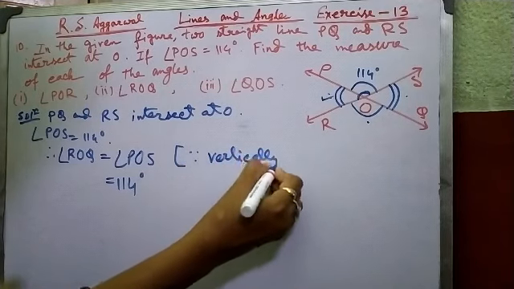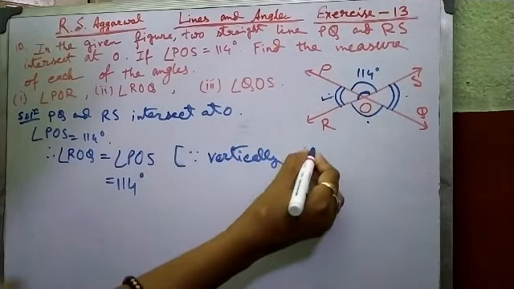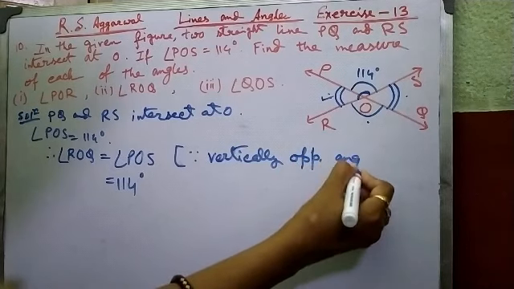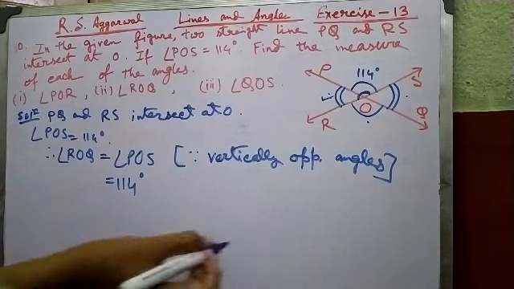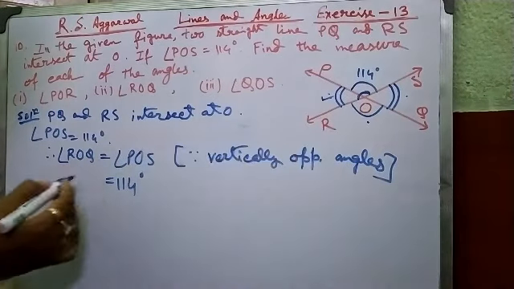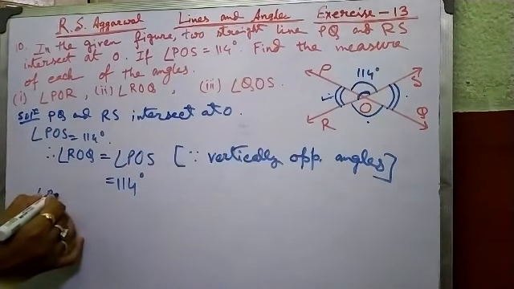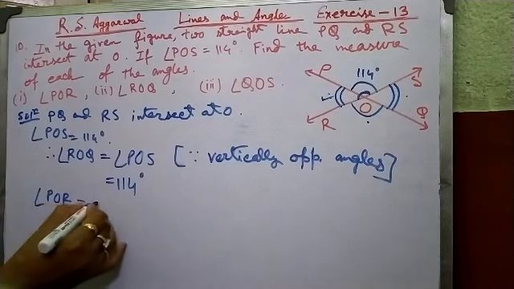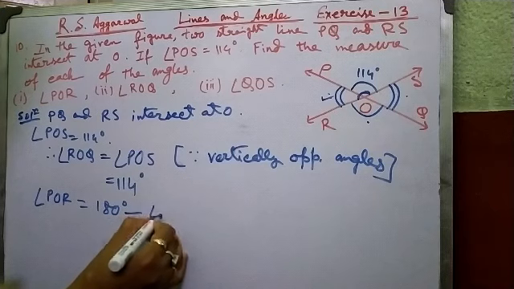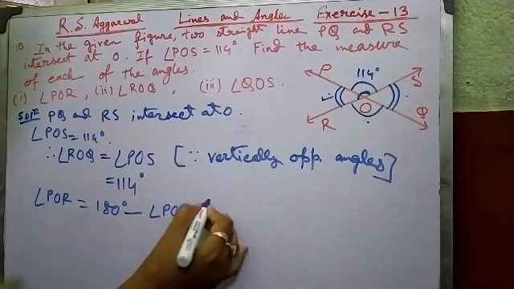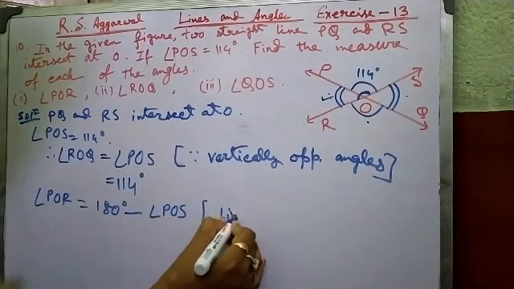Vertically opposite angle. Then we will find out POR. Angle POR equal to 180 degree minus angle POS, linear pair.